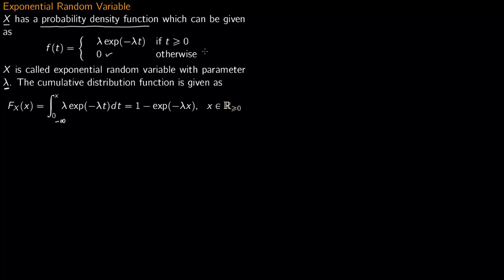So otherwise means t is less than 0, that is between minus infinity and 0, f of t is just 0. That's why we are writing it from 0 to x, and then you just write f of t dt. If you integrate it, you get the distribution function as 1 minus exponential of minus lambda x, where x is some positive real number.